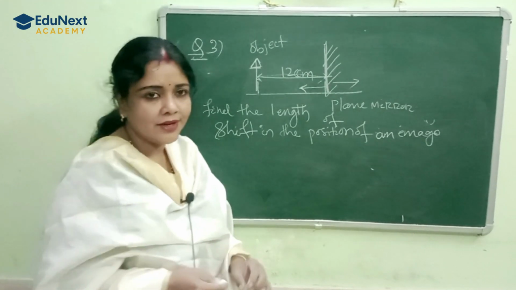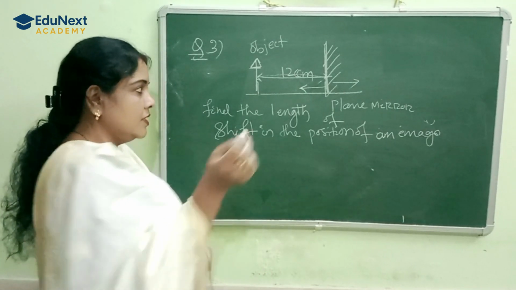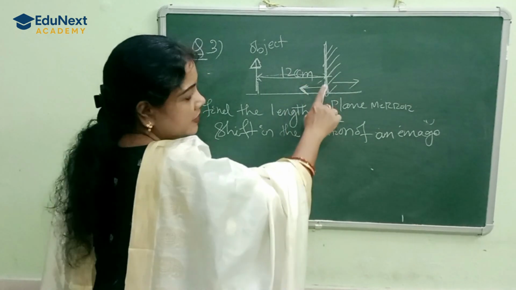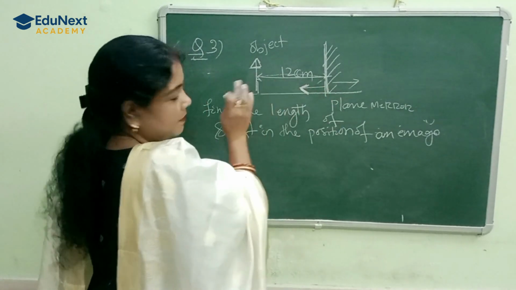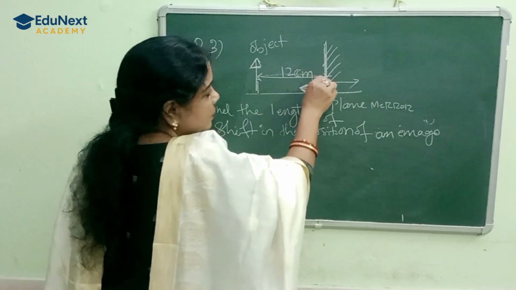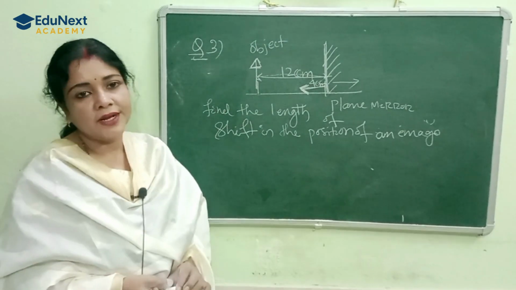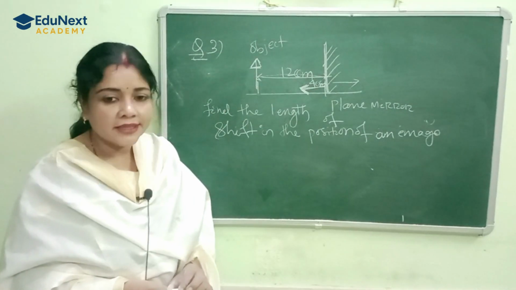That's a beautiful formula. Very interesting, very simple formula. The question is also that whenever this mirror is shifted 4 centimeter towards the object, keeping the object fixed, what is the image shifting length?